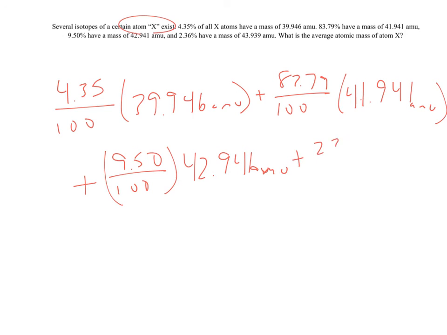And then 2.36 out of every 100 have a mass of 43.939 AMUs. And then we total that up.